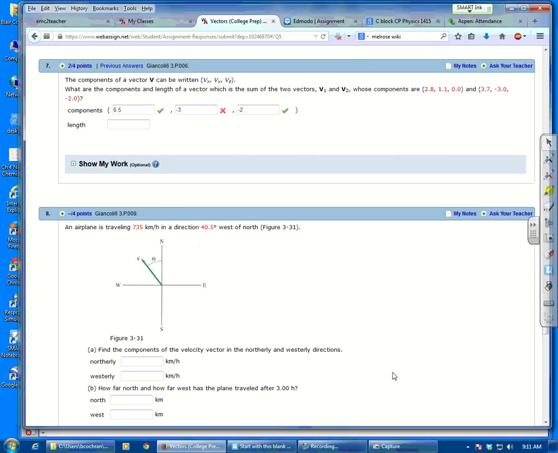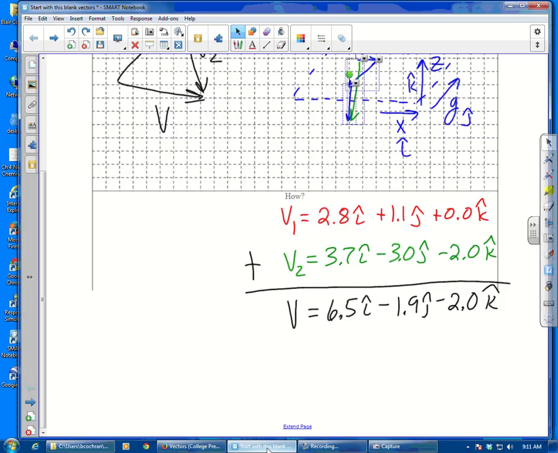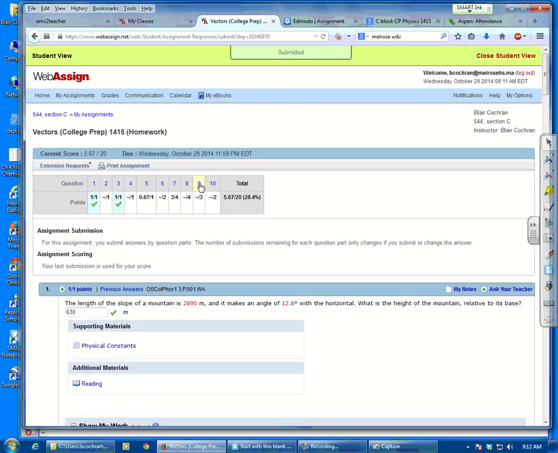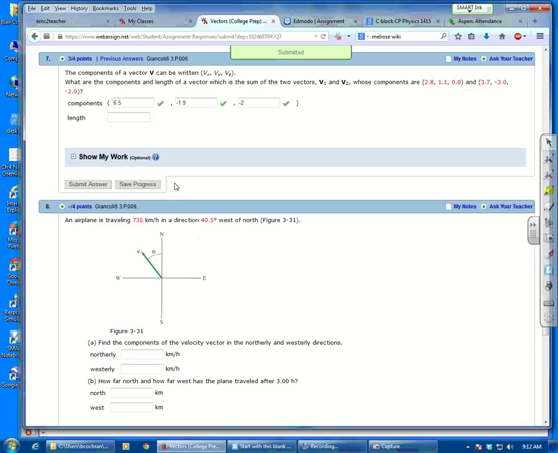Ooh. I got the negative 3 wrong. Because I put in negative 3 and it's negative 1.9. I wrote in the wrong number. All right, so now that I typed in the correct numbers, I've got those correct.